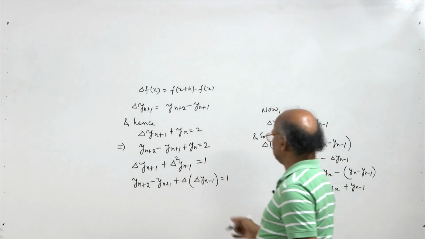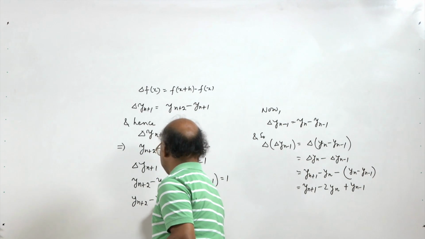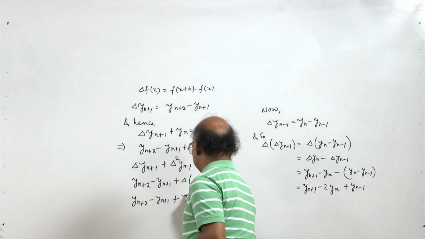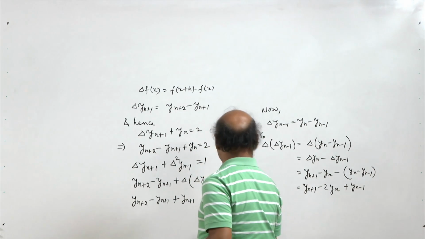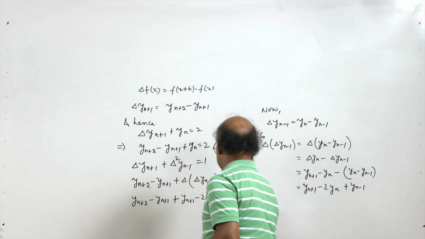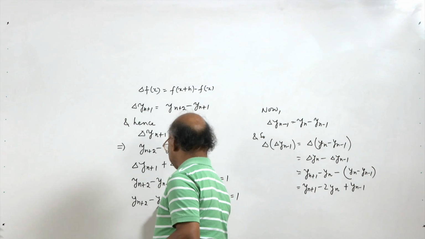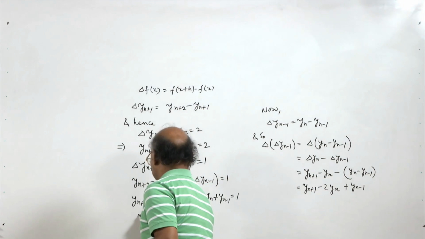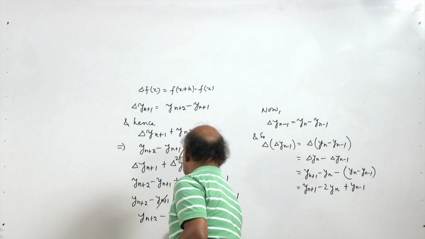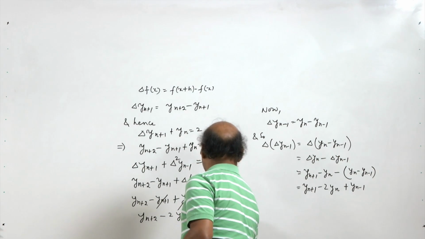So, let us substitute the value here. y(n+2) - y(n+1), and then plus y(n+1) - 2y(n), and then plus y(n-1) equal to 1. So, y(n+1) cancels, and we get y(n+2) - 2y(n) + y(n-1) = 1.